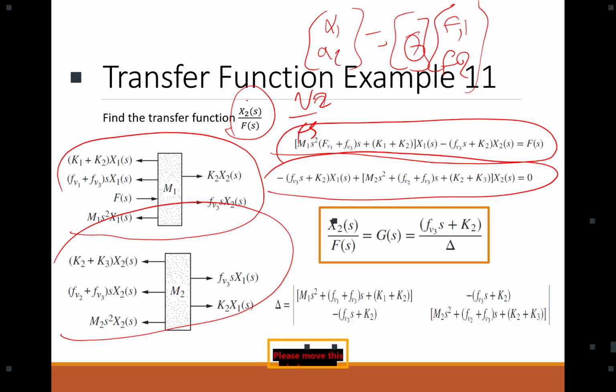Correct? What is the Laplace of that? sX. So you multiply this by s, and you have the function for the velocity over the input. You multiply by another s, and you have the acceleration. Make sense? Any question?